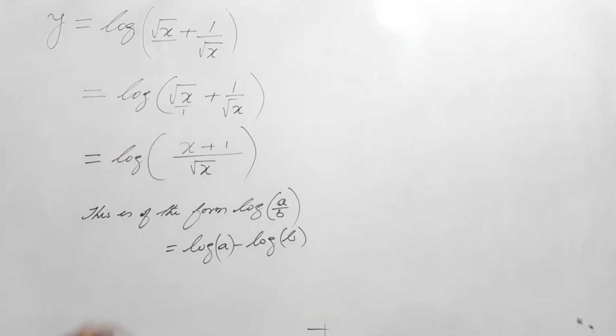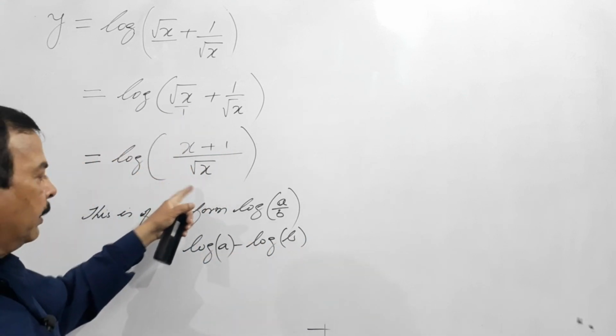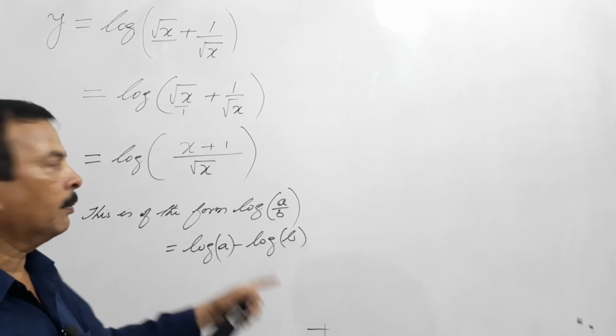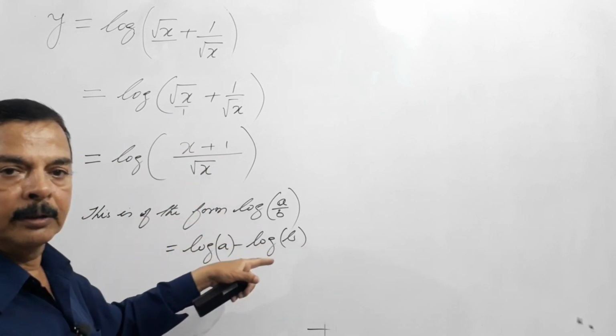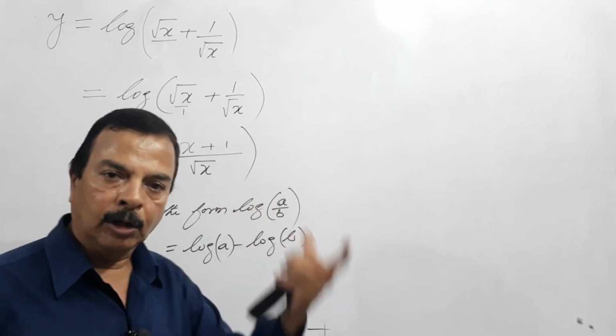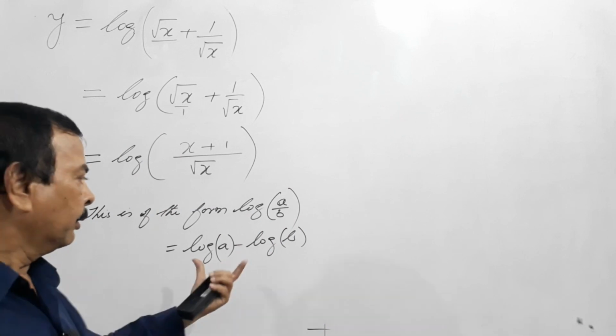So the solution for that is log a minus log b. Log a minus log b can be written as log a by b. I'll teach you more about this when I am handling logarithms for you. Now you try to know this.